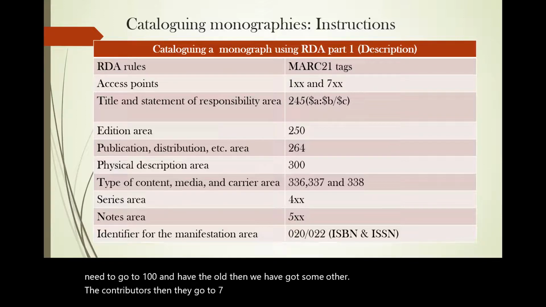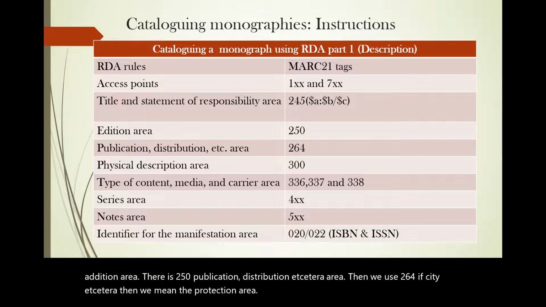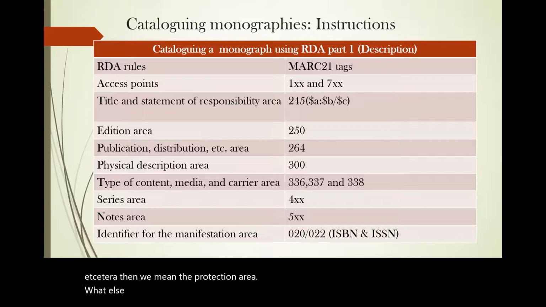Title and statement of responsibility area is 245. Then edition area is 250. Publication, distribution, etc. area, we use 264. If city, etc., then we mean the production area. Copyright and all that goes under 264.